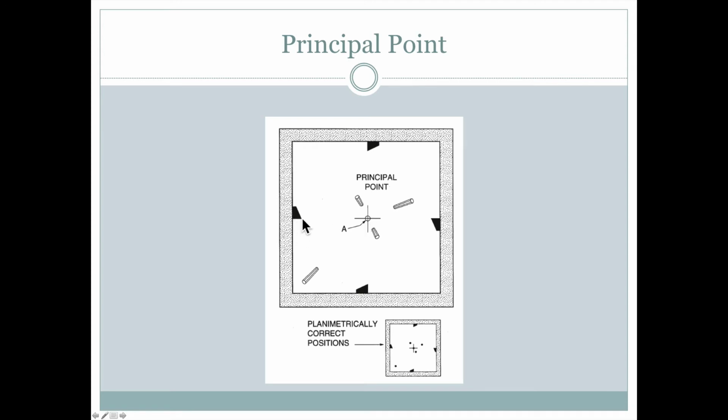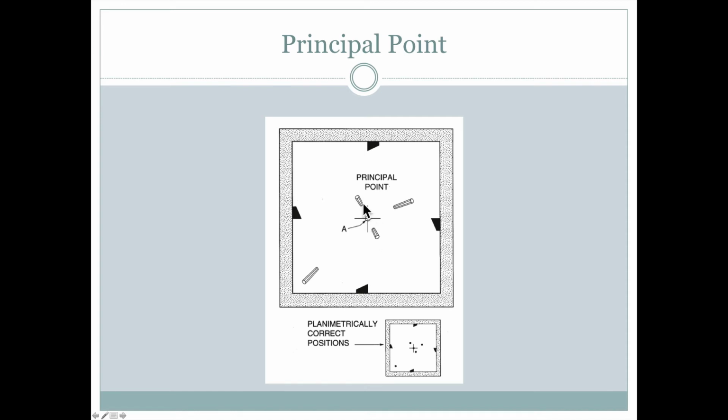So in this case here, they've connected the lines in order to determine the principal point, which is A in this example here. And then anything else, they've just made it a very simple kind of flat land where they have these pegs or towers sticking out of the land.